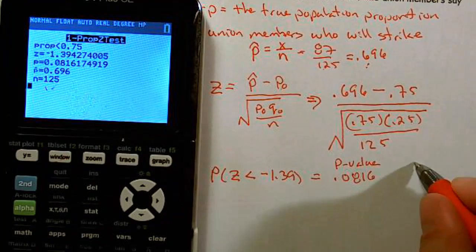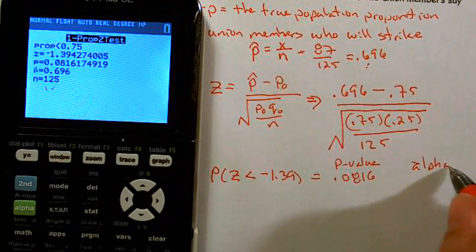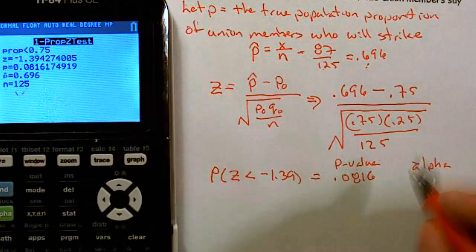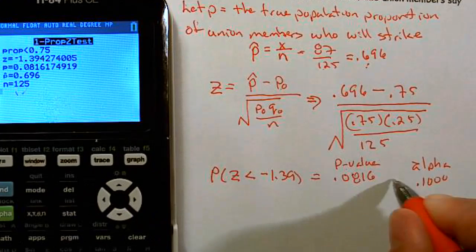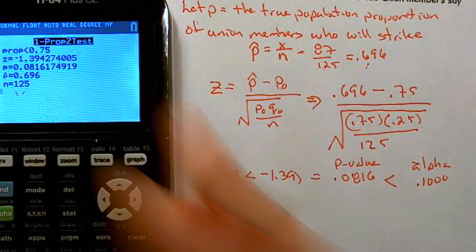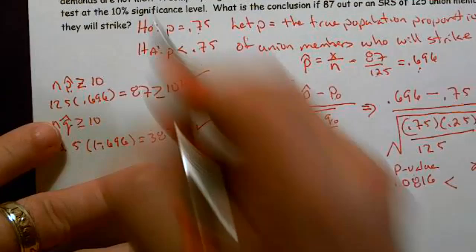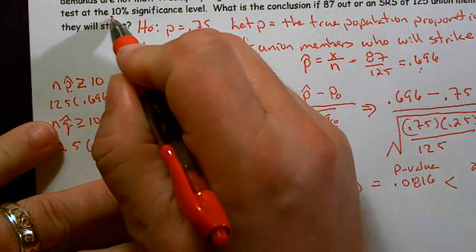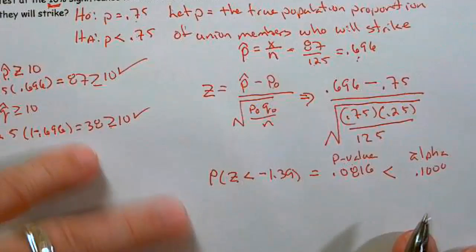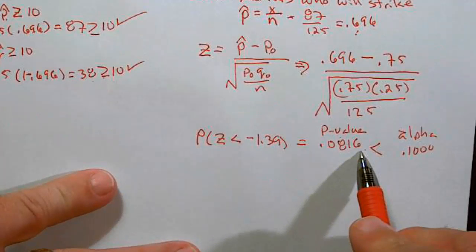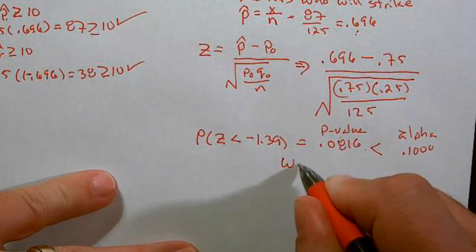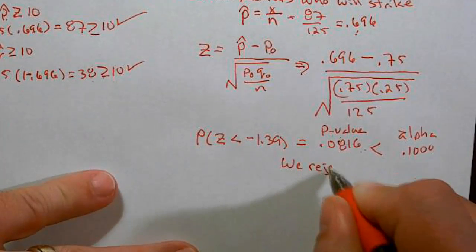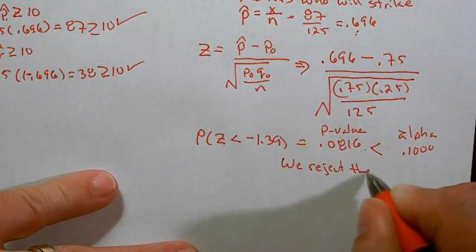And they gave us an alpha of 0.10, because they said 10% significance level up here. All right. I'm using 10%. This is less than. So our decision is we reject the null.